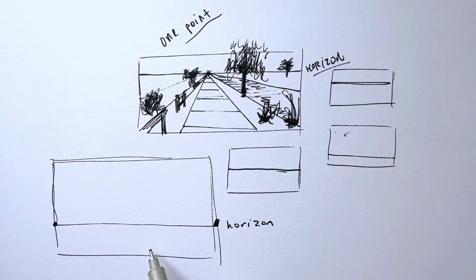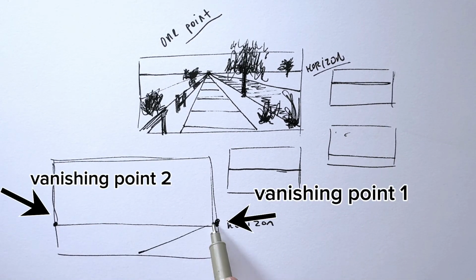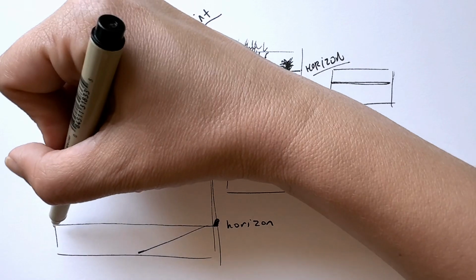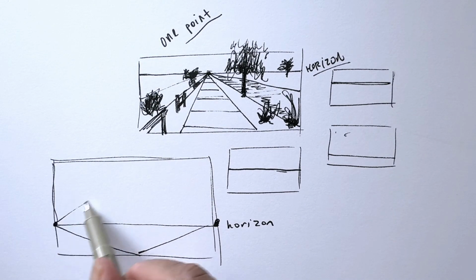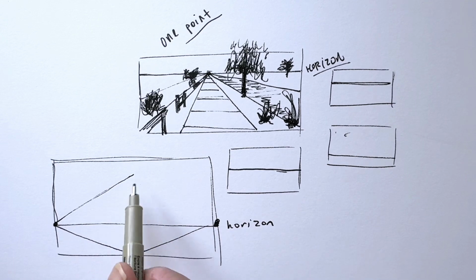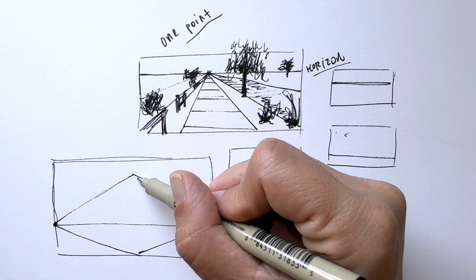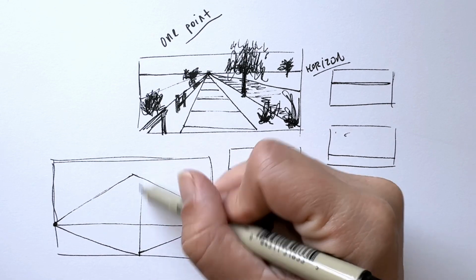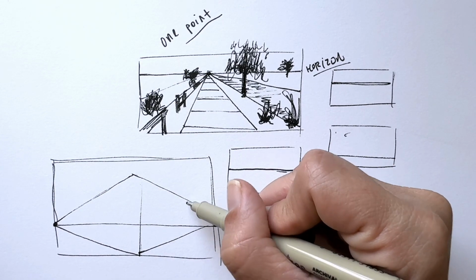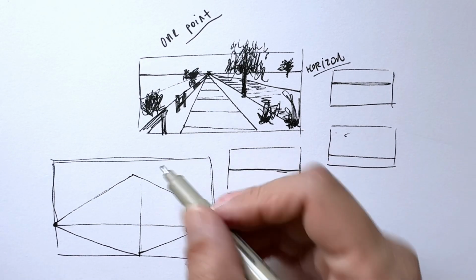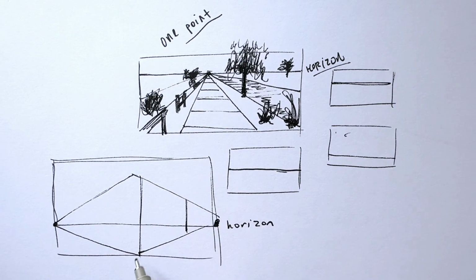Okay. And now everything is going to be going towards those vanishing points. So maybe we put some lines up like this to start, just to give a sense of what we're doing. And then you can already start to see a building take shape by doing that really quick thing.